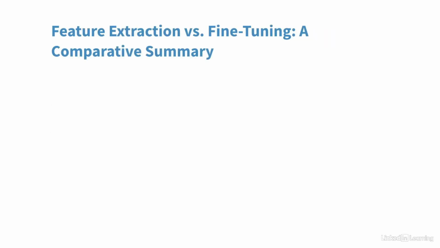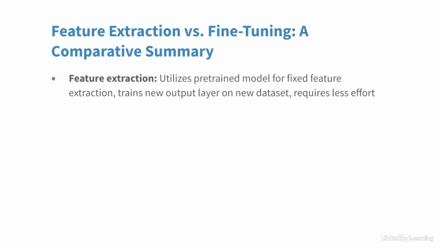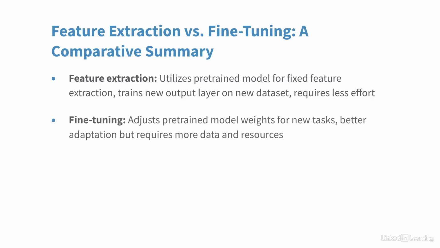Both feature extraction and fine-tuning are strategies used in transfer learning with pre-trained models. Still, they differ in terms of how much of the pre-trained model they utilize and how they adjust it to fit the new task. In feature extraction, the pre-trained models extract fixed features from the raw input data, making it easier to reuse lower-level features by training a new output layer on a new dataset. Fine-tuning a pre-trained model involves adjusting the weights to learn a new task.